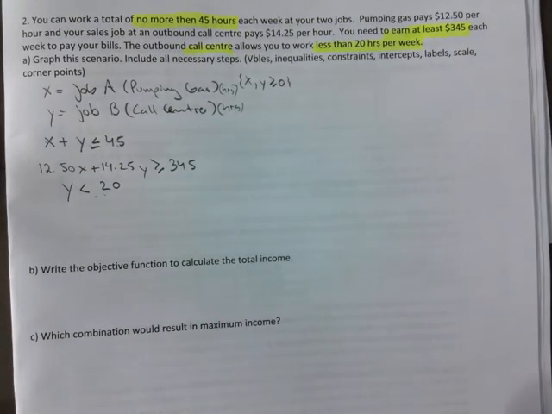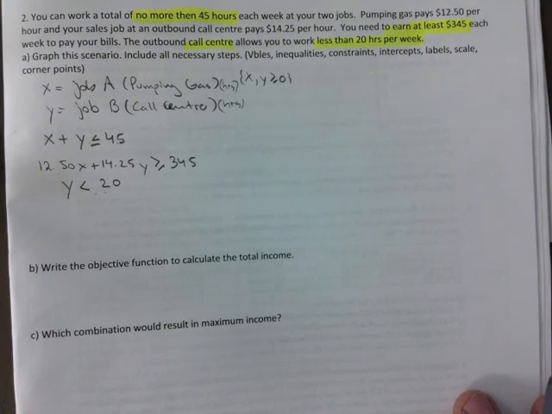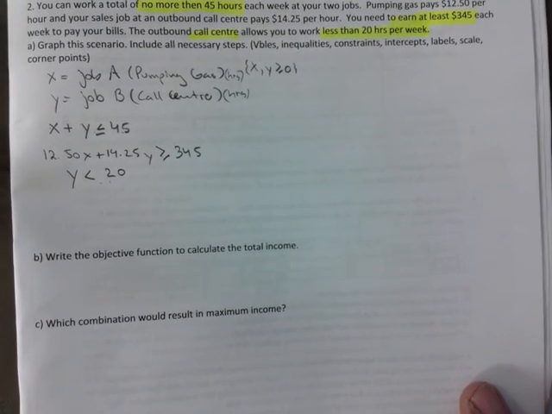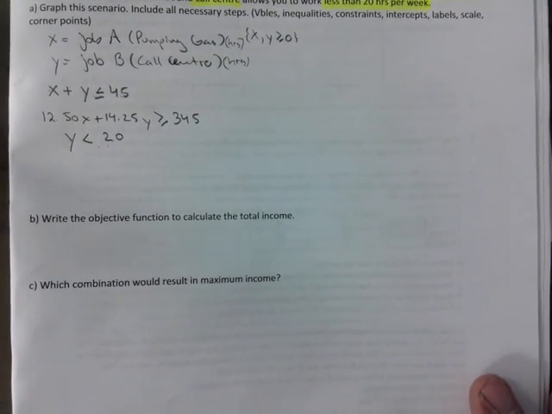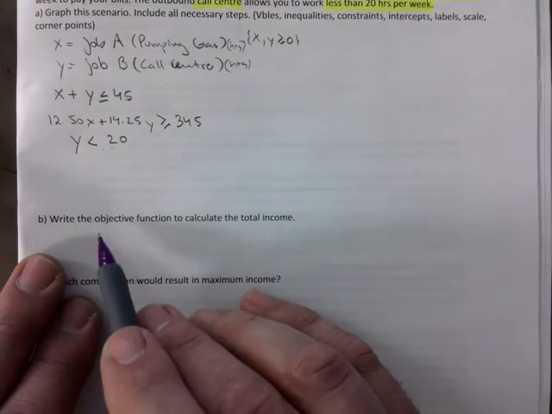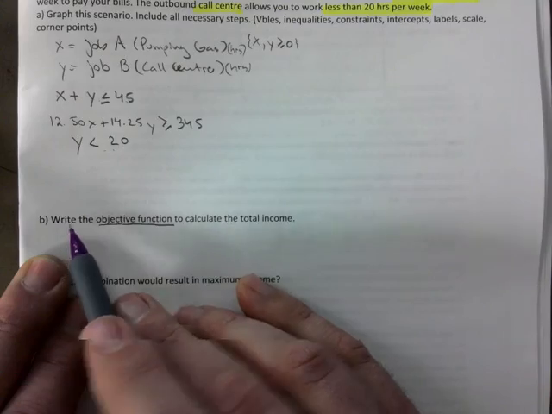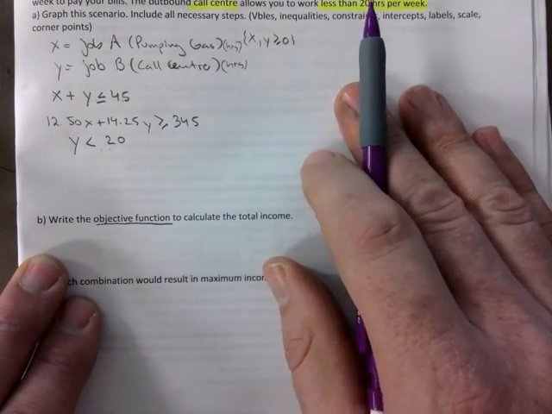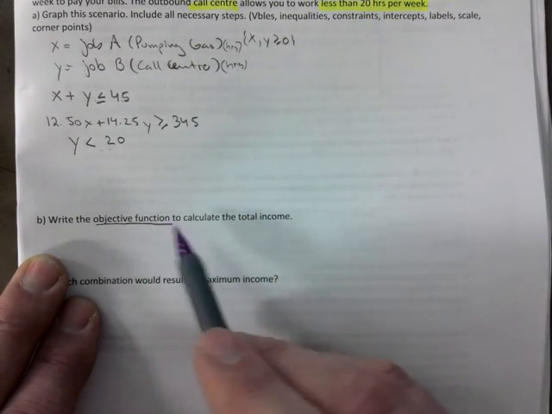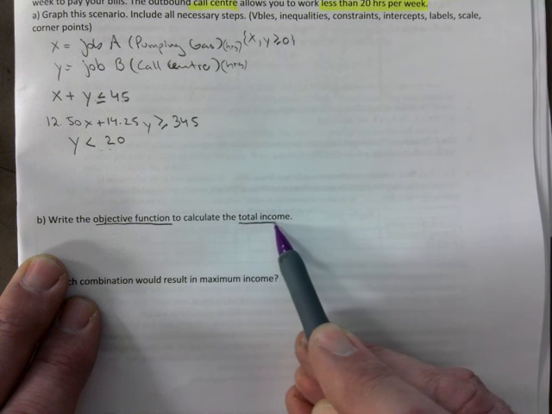And so, hold on, not yet. Don't pack just yet. I want to talk about the objective function. It says you're going to graph, you're going to find the POIs, that's you. Write the objective function to calculate the total income.